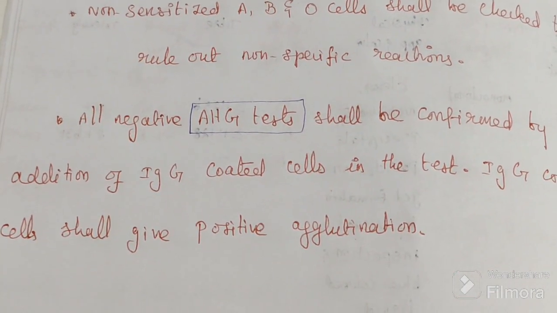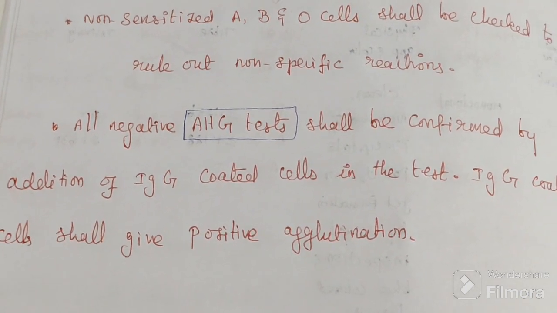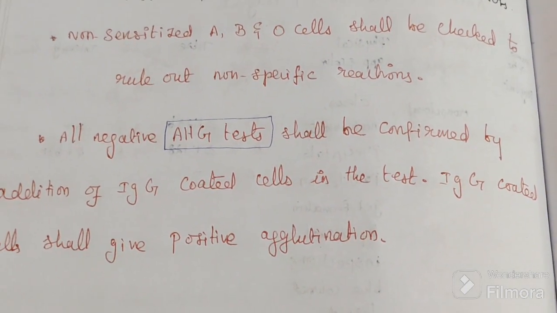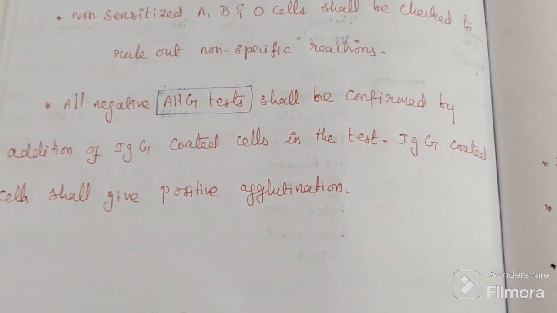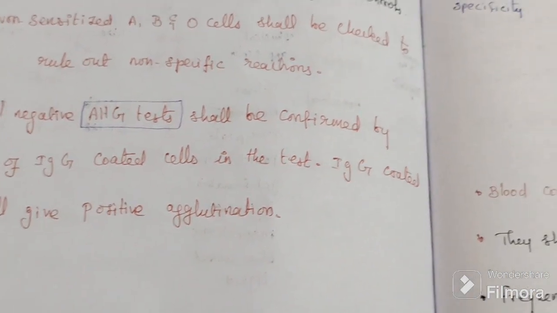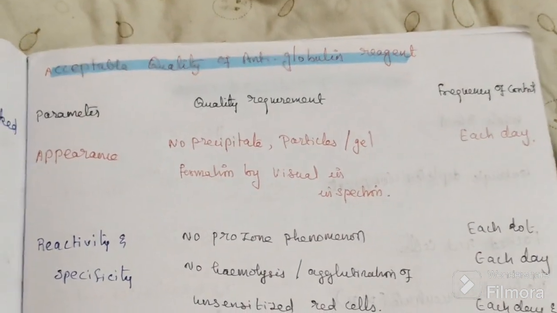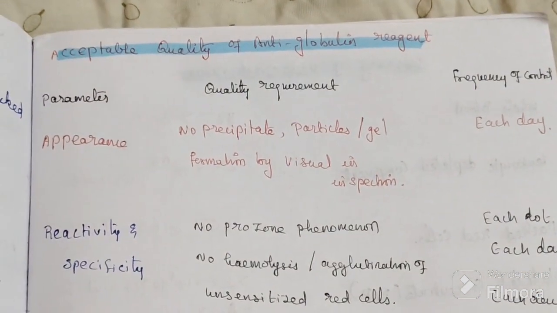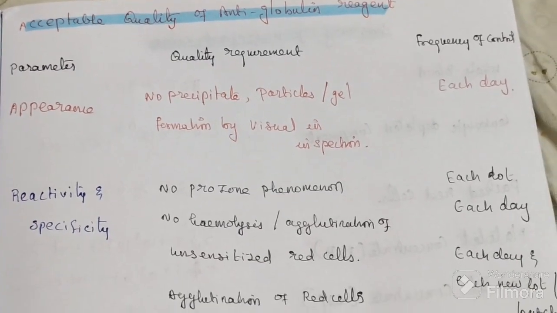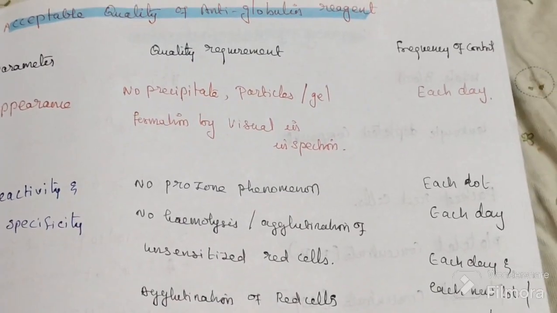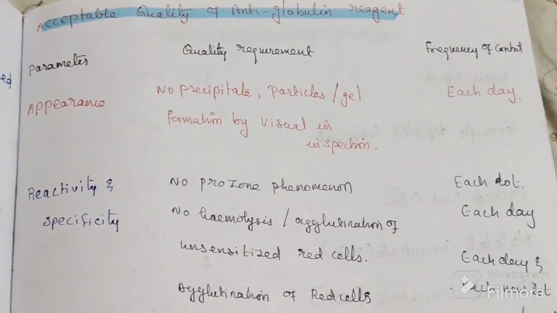All negative anti-human globulin tests shall be confirmed by addition of IgG coated cells. Next, acceptance quality of anti-globulin reagent, parameters, quality reagent, frequency of control.